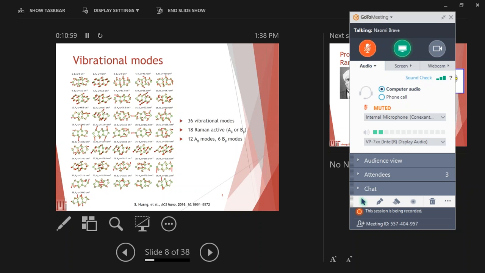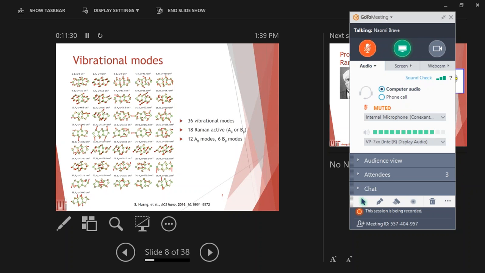So I'm about to talk about this. Because I mentioned gallium telluride has in-plane anisotropy, we can potentially use Raman spectroscopy to study this in-plane anisotropy, because one important issue if we encounter a material with in-plane anisotropy is how we can determine the crystalline orientation if we have a flake of this material.